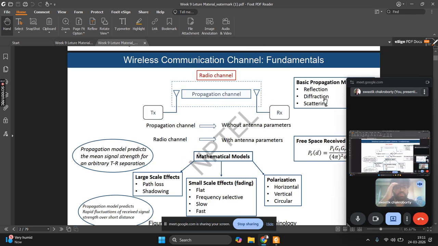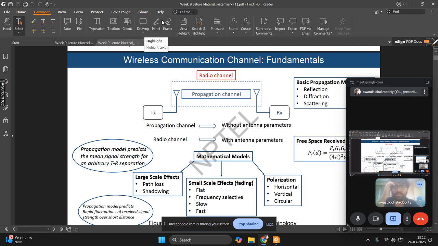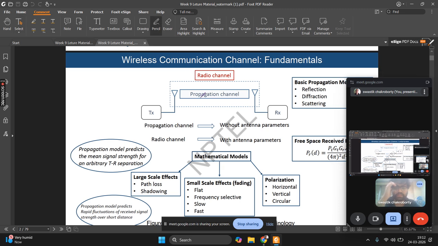Now, how does the beam propagate? The beam propagates in three ways. Apart from the direct line of sight, there is a direct line of sight sometimes, but sometimes that direct line of sight might be blocked. Say there is some blockage in there.